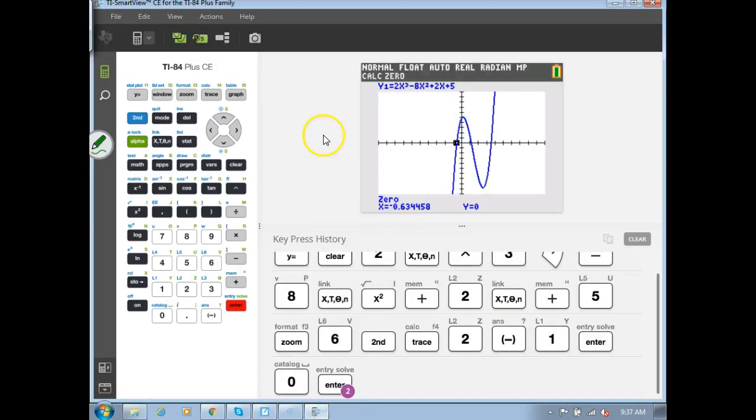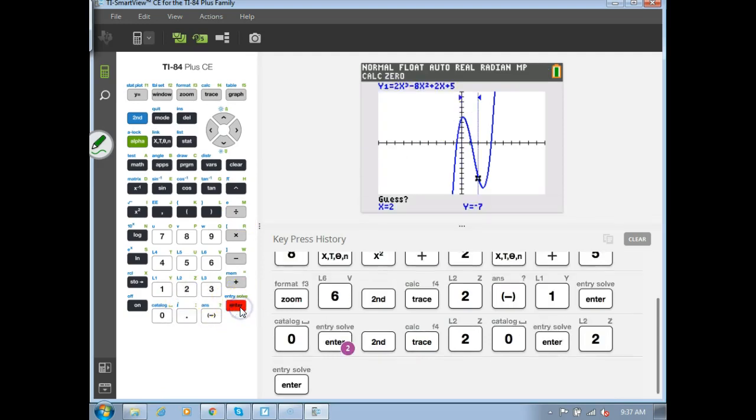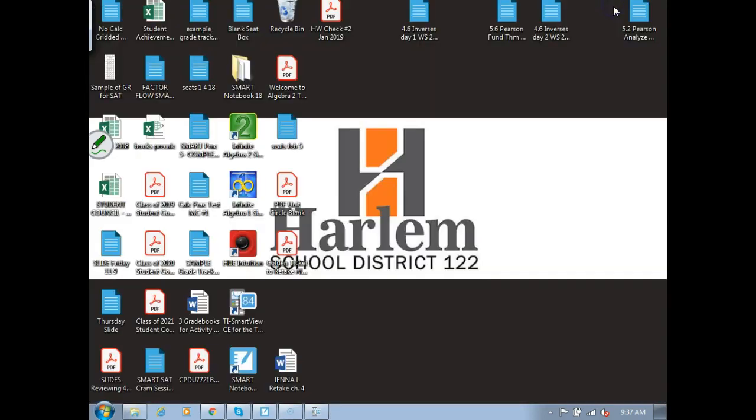I can tell from my calculator, an estimation, this is about 1. So, when I do this again, second trace, number 2, something before that would be a 0. Something after it would be a 2. And then enter for the last guess. Yeah, pretty good. So 1.12, 0.